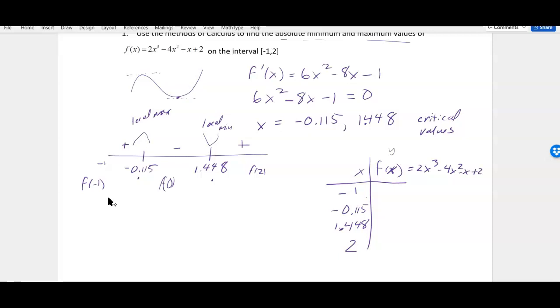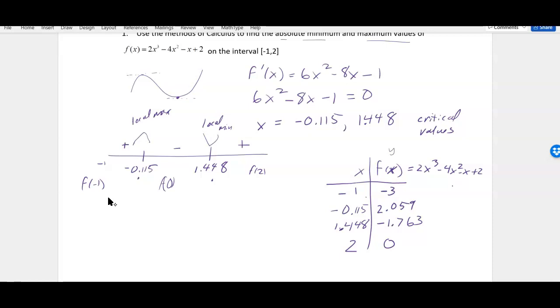When I put x into this function, I get -3 when x is -1, 2.059 when x is -0.115, and I tend to do these in a table, but you don't have to in the calculator. -1.763 is y when x is 1.448, and when x is 2, y is 0.